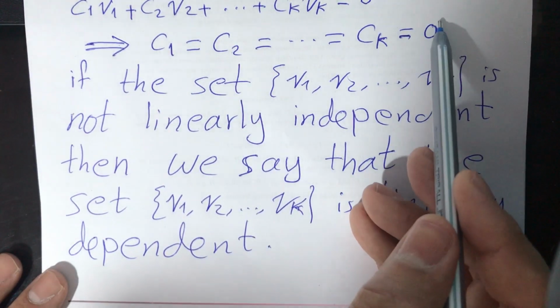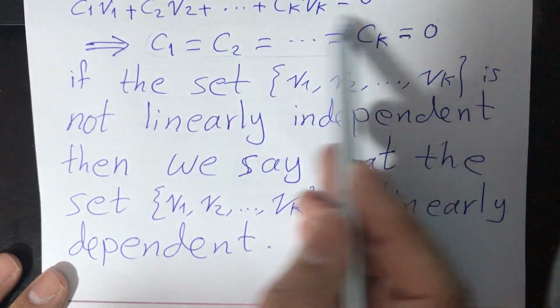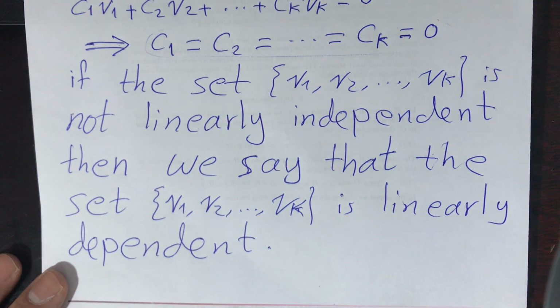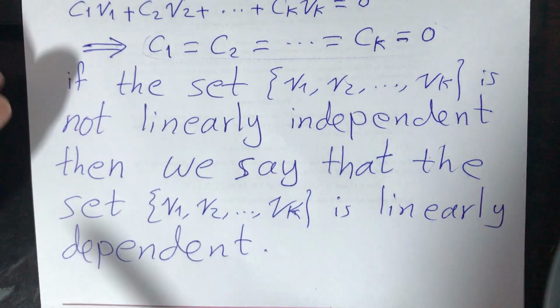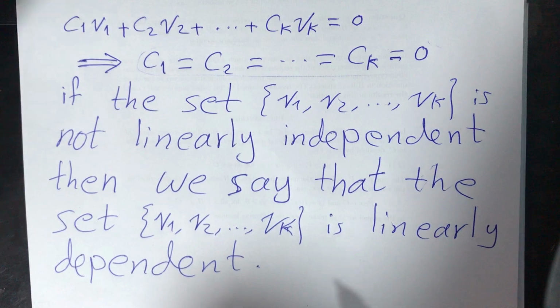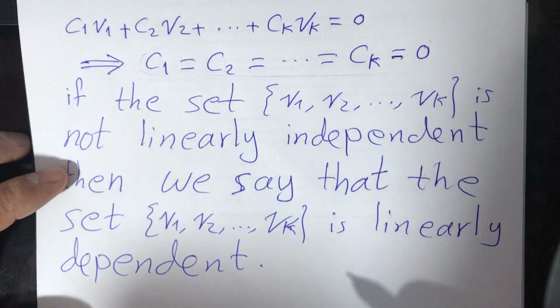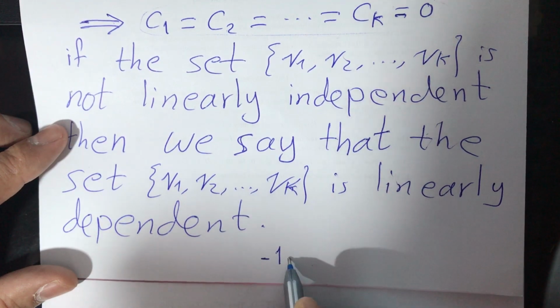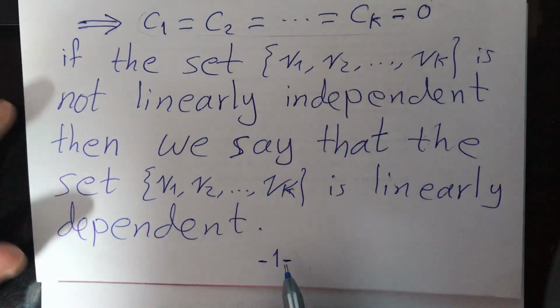If all of the C's are zero, then we say that this set V1, V2 until Vk is linearly independent. So now we have to take examples to show this. This is page number 1.